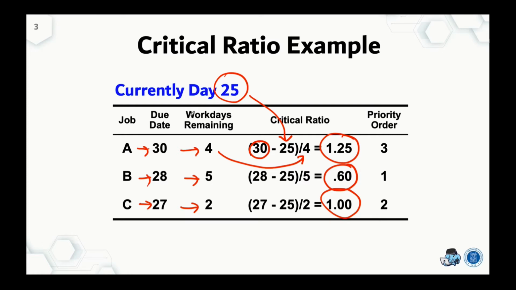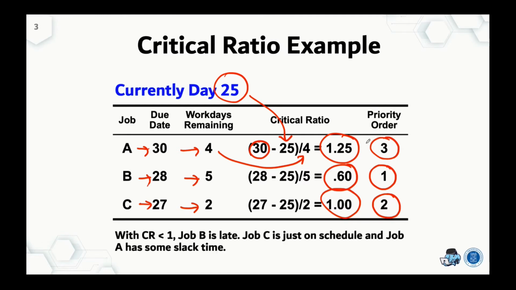So how can we make the priority? We should give priority to the job that has a low critical ratio. So this is priority order number 1, this is priority order number 2, and priority order number 3. Here, a critical ratio less than 1 means that the job is late.